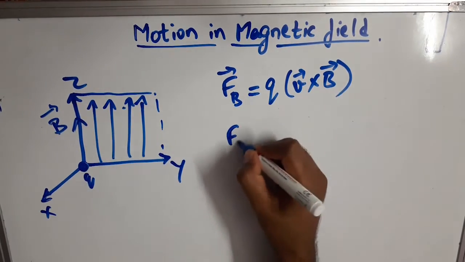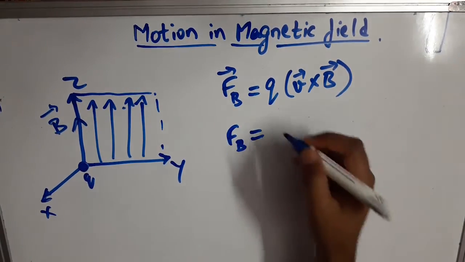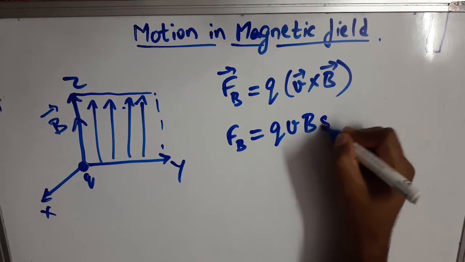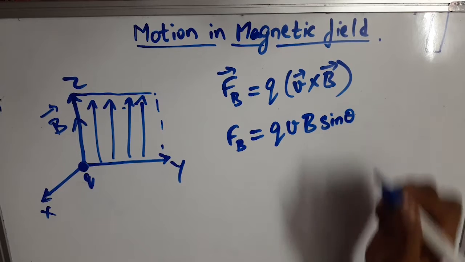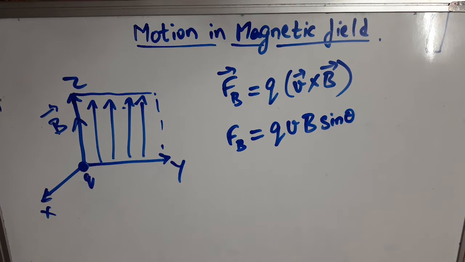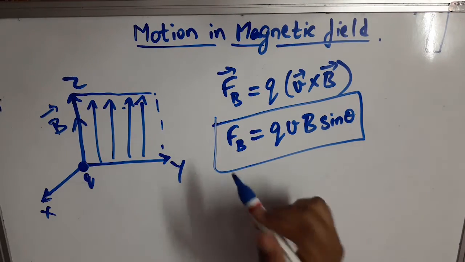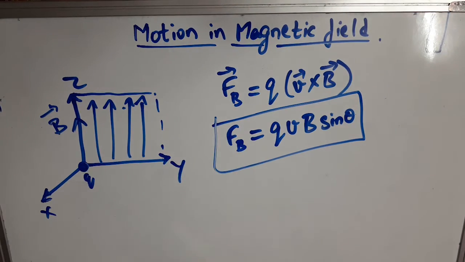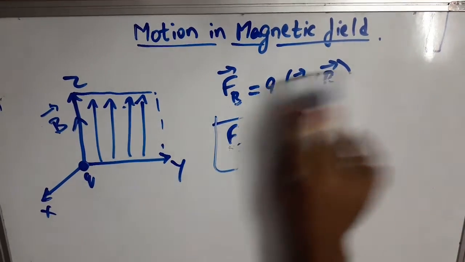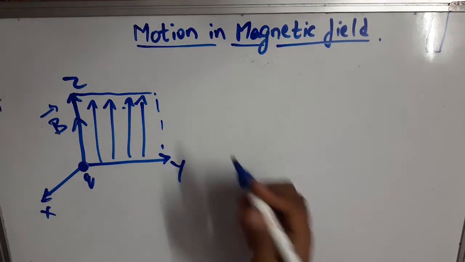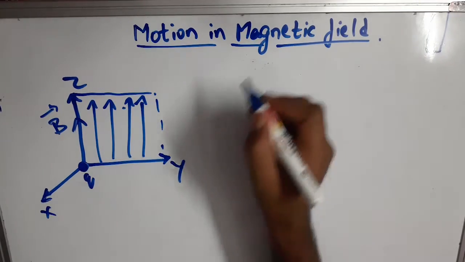So the magnitude of this Lorentz magnetic force would be q v B sine theta. You need to remember this equation. This is very important. That is the magnitude of the magnetic Lorentz force.